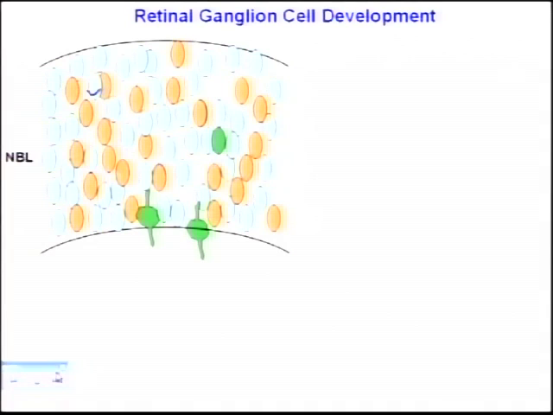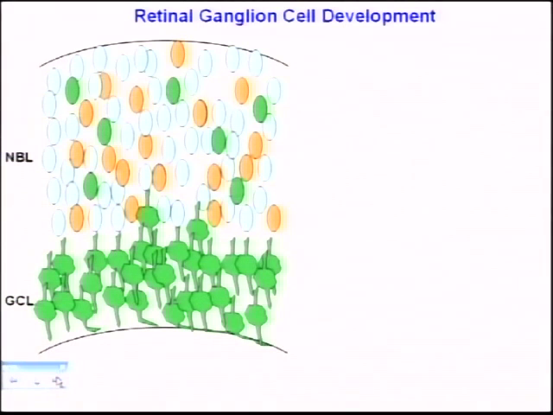And then more competent cells form as we go through time. Remember, it's a wave, it's not a spike. And then more cells commit to a fate. My postdoc made this cartoon for me, so I always like to show him. And then more ganglion cells form. So that's how you get the development of the ganglion cells through this process.